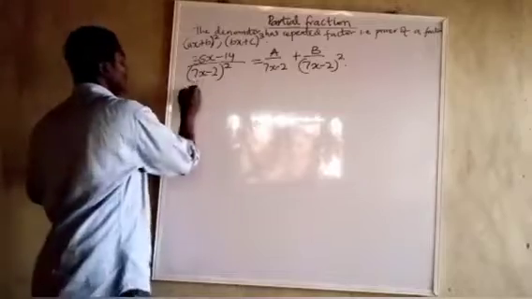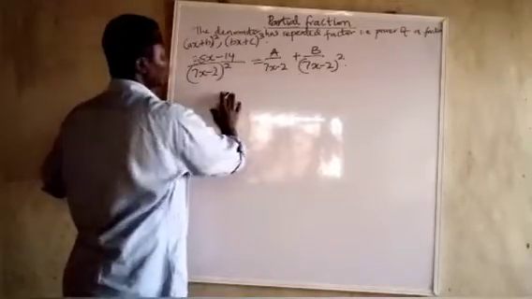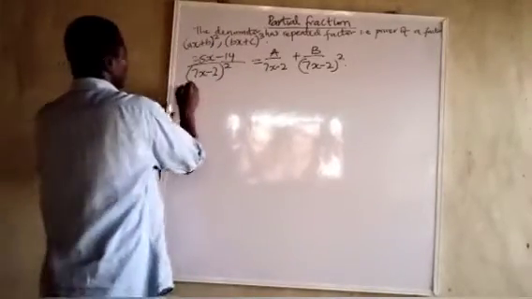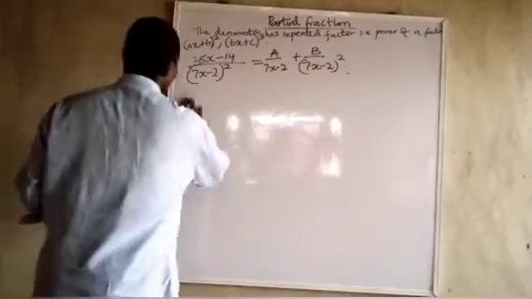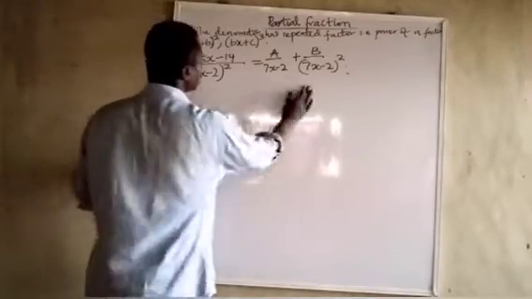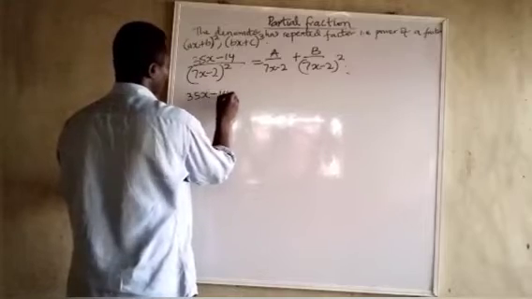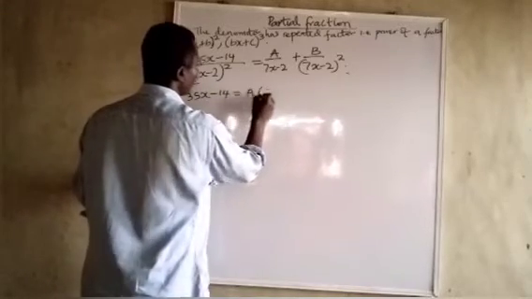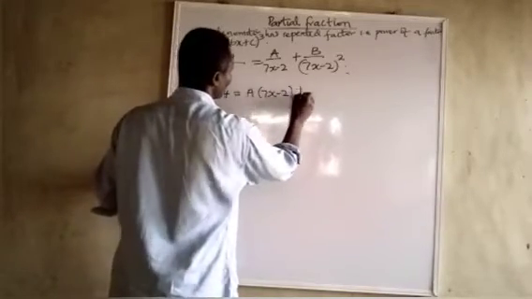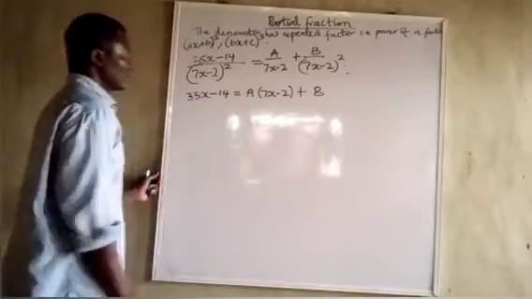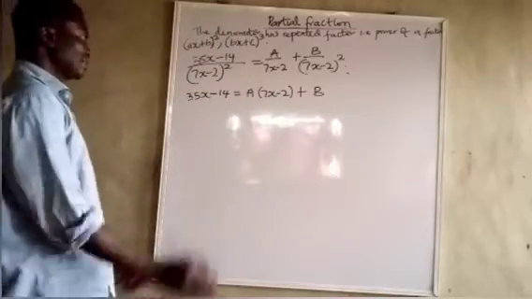I have 35x, so let's multiply by the LCM, just as we do. So to solve this, I will multiply by the LCM, and so that will be 35x minus 14 is equal to a into 7x minus 2 plus b. So it has made my job very easy.